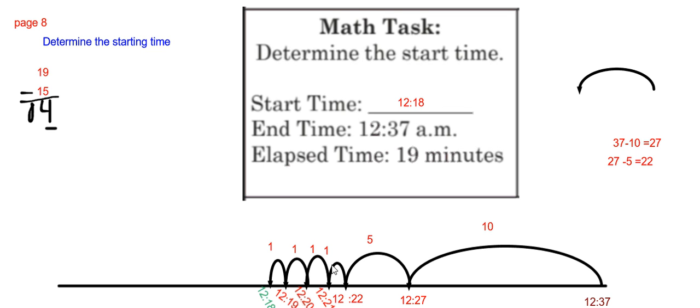Okay, that's how you work the exercises on page 8. Remember, page 7, you were going forward in time, while on page 8, you're going backwards. Whenever you're given the ending time, you need to go backwards in your number line.